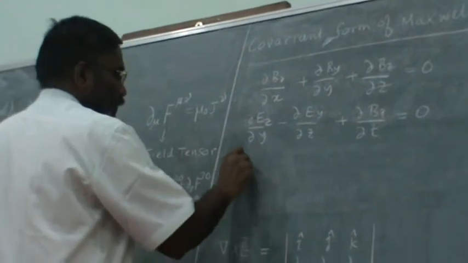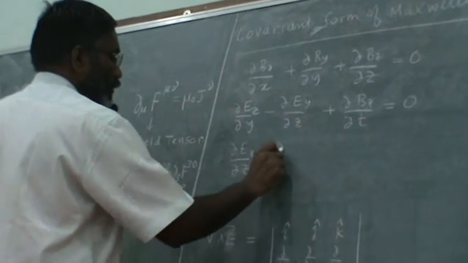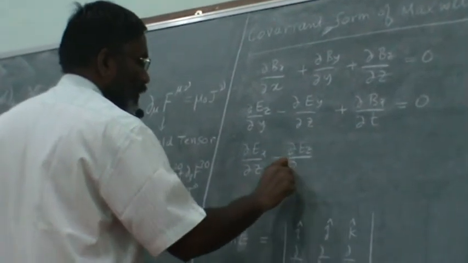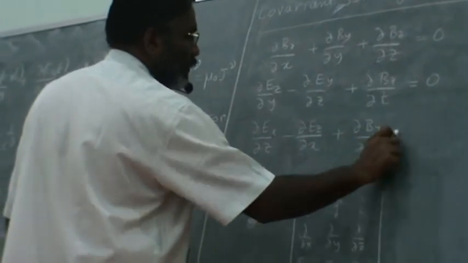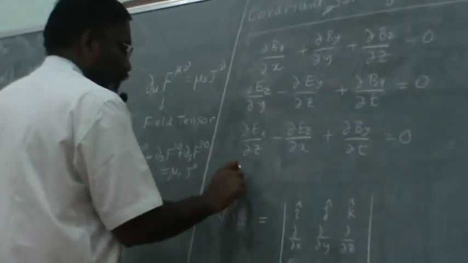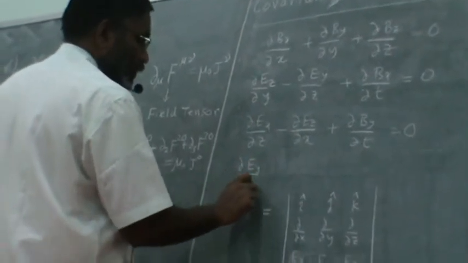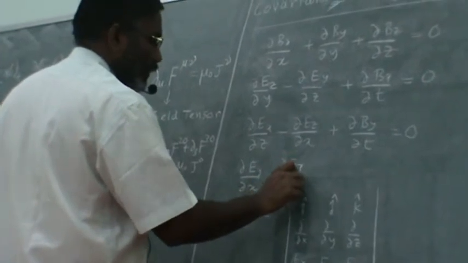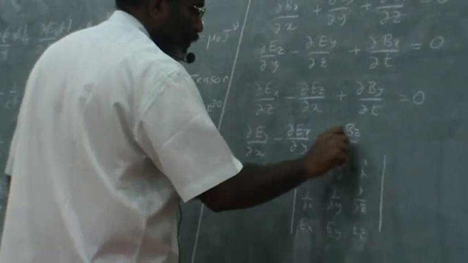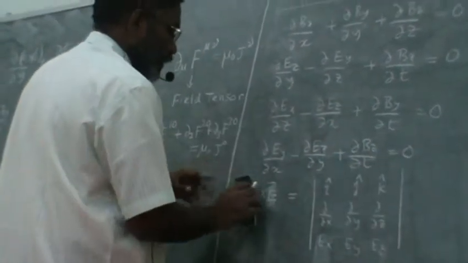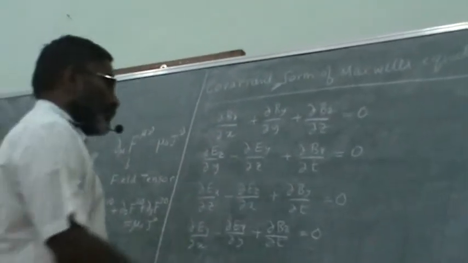And ∂Dx/∂z minus ∂Dz/∂x plus ∂By/∂t equals 0, and ∂Dy/∂x minus ∂Dx/∂y plus ∂Bz/∂t equals 0. So these are the homogeneous equations, and the right hand side is 0.